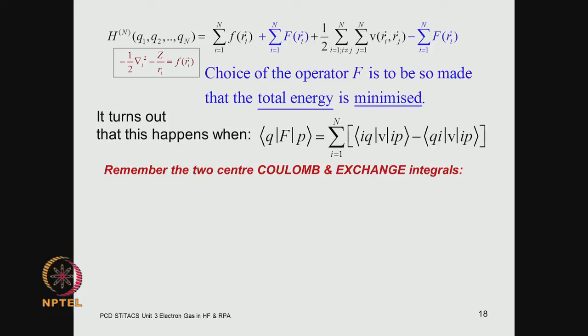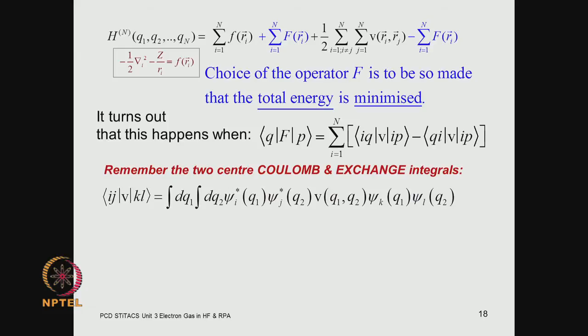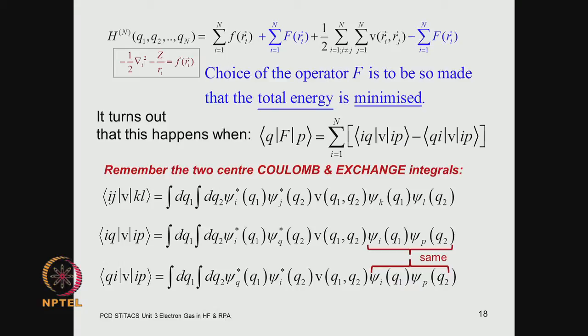These are the Coulomb and the exchange integrals, and I am writing them out explicitly over here for our reference. Keep track that you have got these two integrals, I q v I p and q I v I p. The I p side is the same, but the difference is over here.